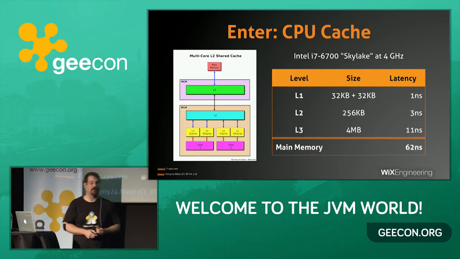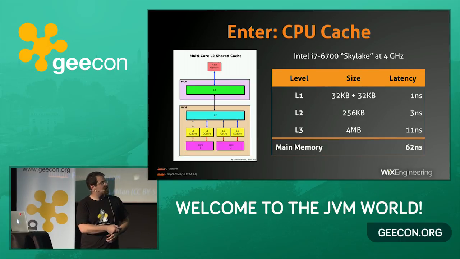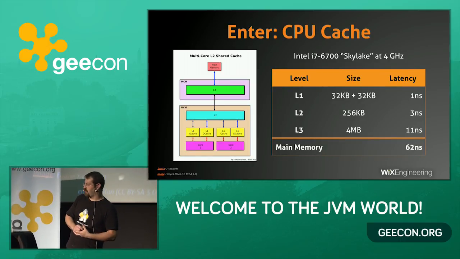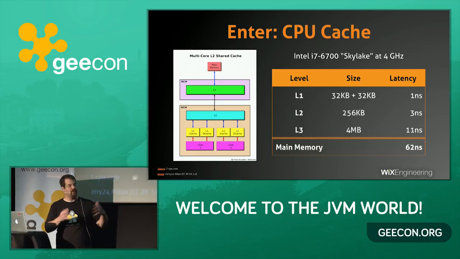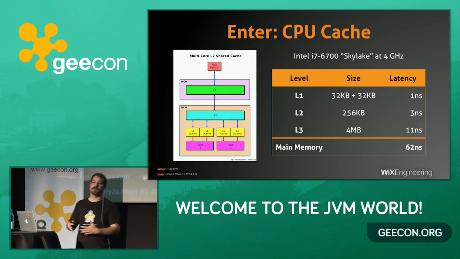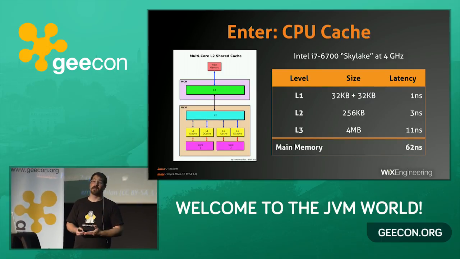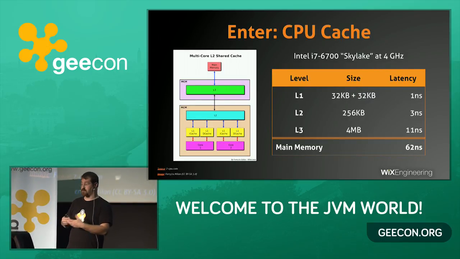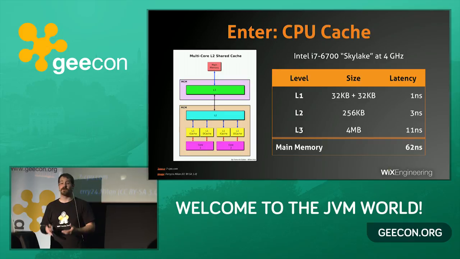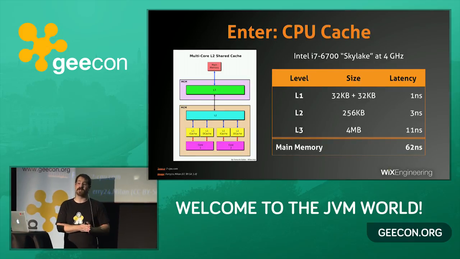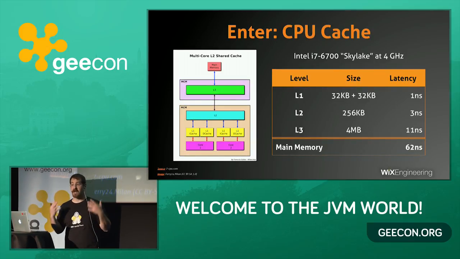It's fairly big, 4 megabytes on a Skylake, and its access time is 11 nanoseconds. Main memory takes 62 nanoseconds to access. So you have this hierarchy where ideally you want the most frequently accessed memory to be at the lowest level of the cache because that has the fastest access time.